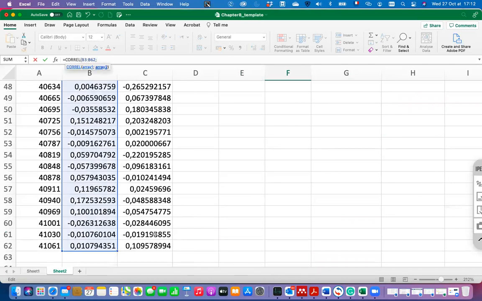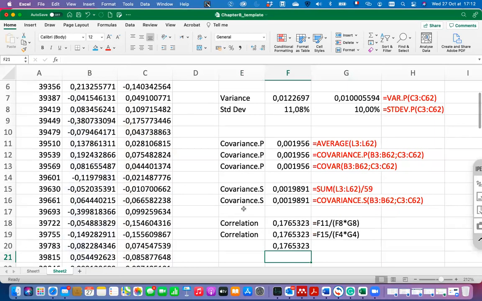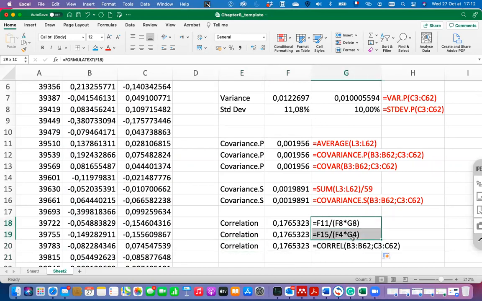Then Google return and close the parentheses. Still get the same result. So these are the different techniques to compute the covariance and the correlation between two stocks at least.